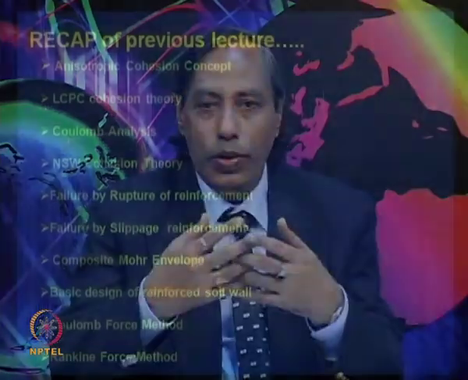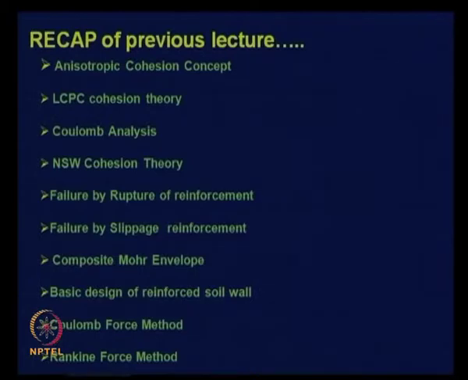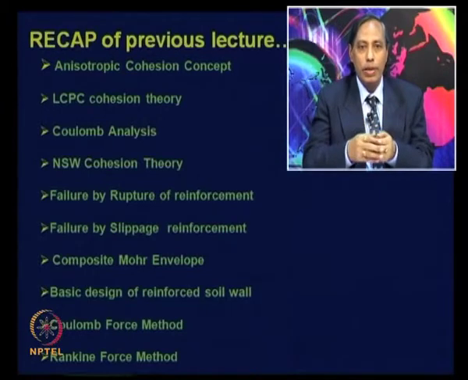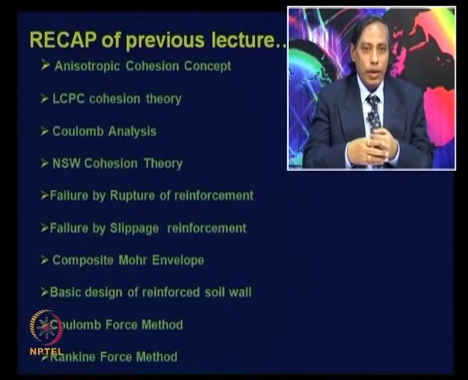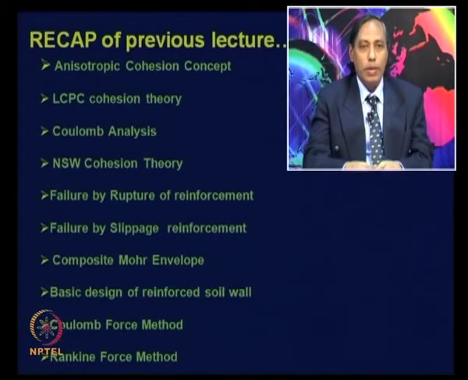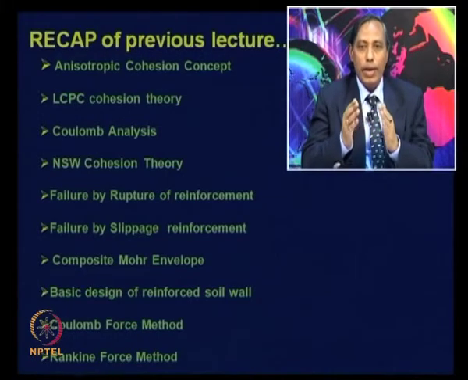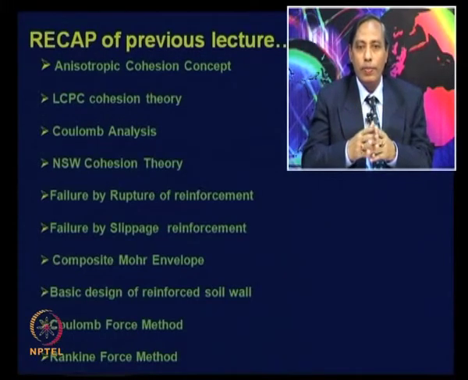We have covered the anisotropic cohesion concept, and we have covered laboratory central Pons-Strauss's cohesion theory, Coulomb's analysis, New South Wales cohesion theory, and failure by rupture of the reinforcement, failure by slippage of the reinforcement, and composite failure envelope, basic design of reinforced soil wall, Coulomb's force method, and Rankine force method.